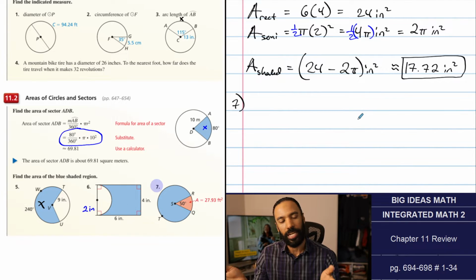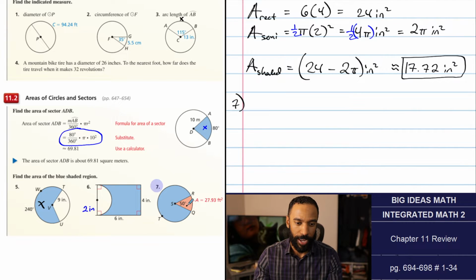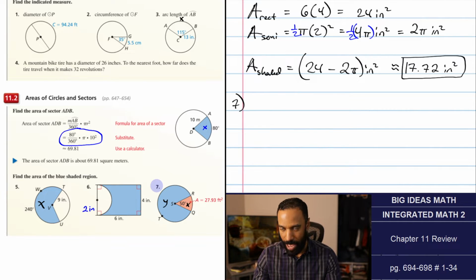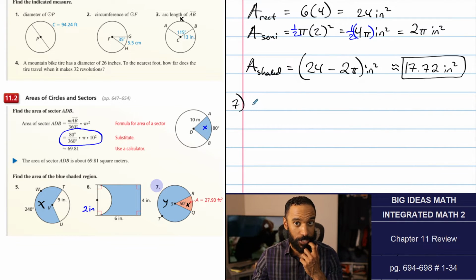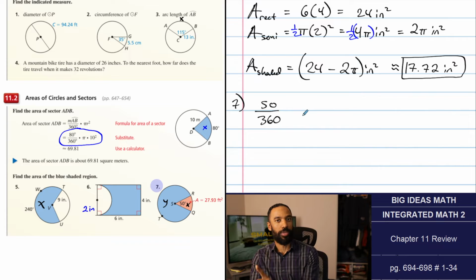Okay, well, let's just start setting up proportions and see where we go from there. The area of the shaded region, I'll call X for now. I'll call this one X, I'll call the other one Y. The area of the red shaded region X is a fraction of the entire circle, right? So whatever 50 out of 360 is, actually, let's do this.